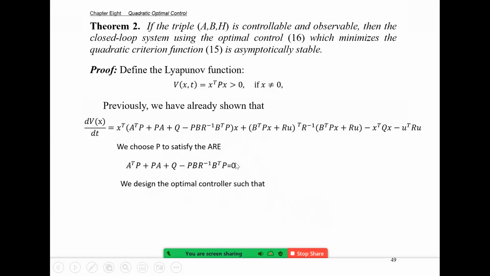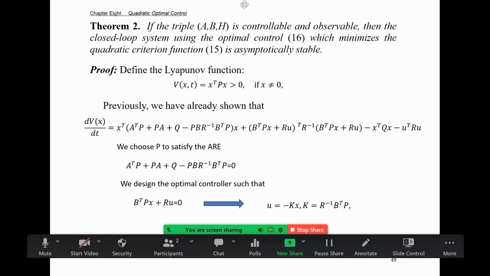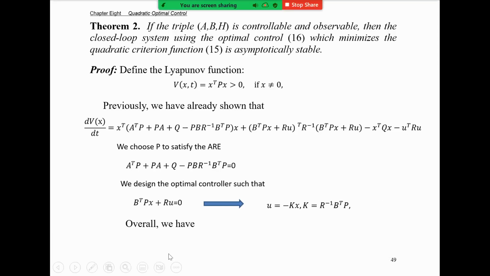And also we designed the optimal controller such that this term is also 0. So overall, this is the change rate of the Lyapunov function. Then we say, yes, indeed, it is less than or equal to 0.